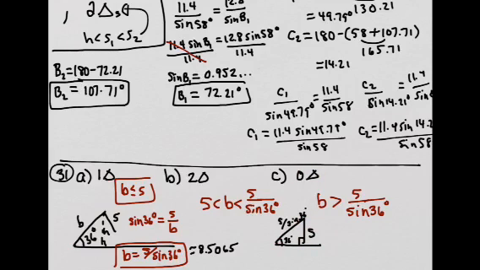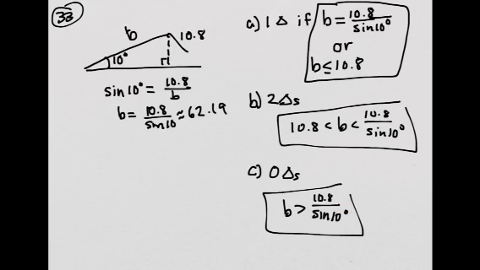So for 0 triangles, you would have b greater than this, because this is what would make it a right triangle. Now for 2 triangles, of course b has to be bigger than 5, but not so big that it creates no triangle. That's why you have this upper bound. So b is between 5 and 5 over sine 36.